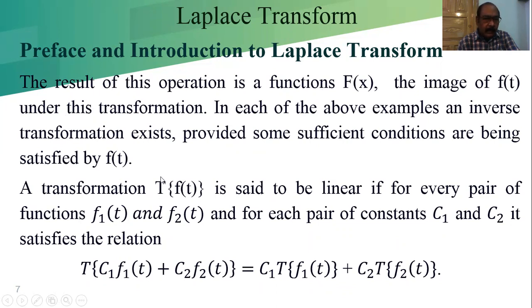The transformation T, denoting the transformation of the function f(t), is said to be linear if for every pair of functions f1(t) and f2(t), and for each pair of constants c1 for f1(t) and c2 for f2(t), it satisfies the relation T of c1 f1(t) plus c2 f2(t) equals c1 T of f1(t) plus c2 T of f2(t).